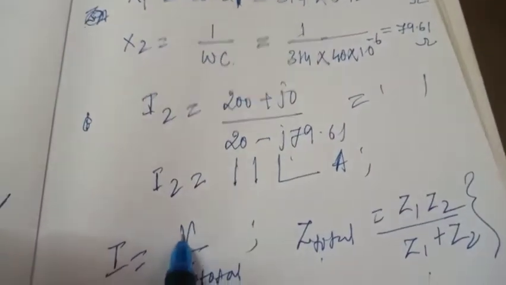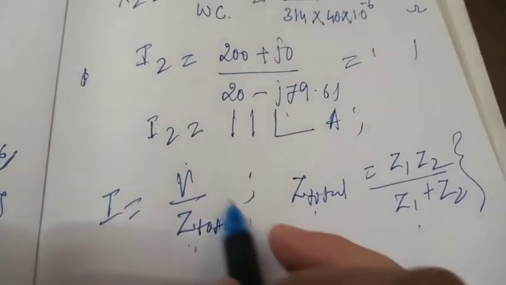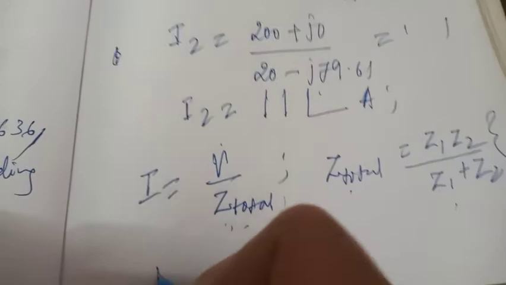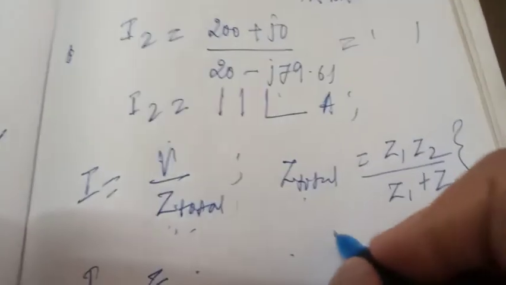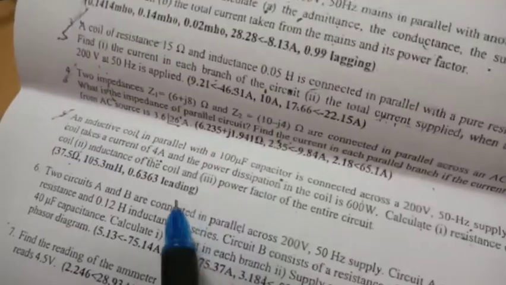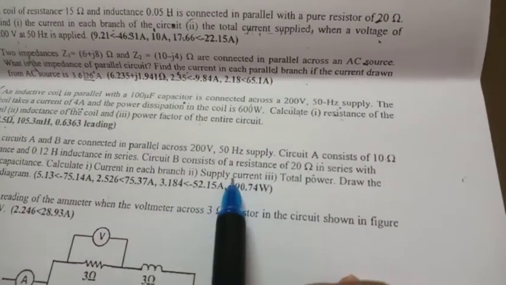Then do V by Z total, with V as 200 plus j0, and you get I in rectangular form. Convert that into polar form to get the magnitude and angle in amperes. So the supply current is also calculated.